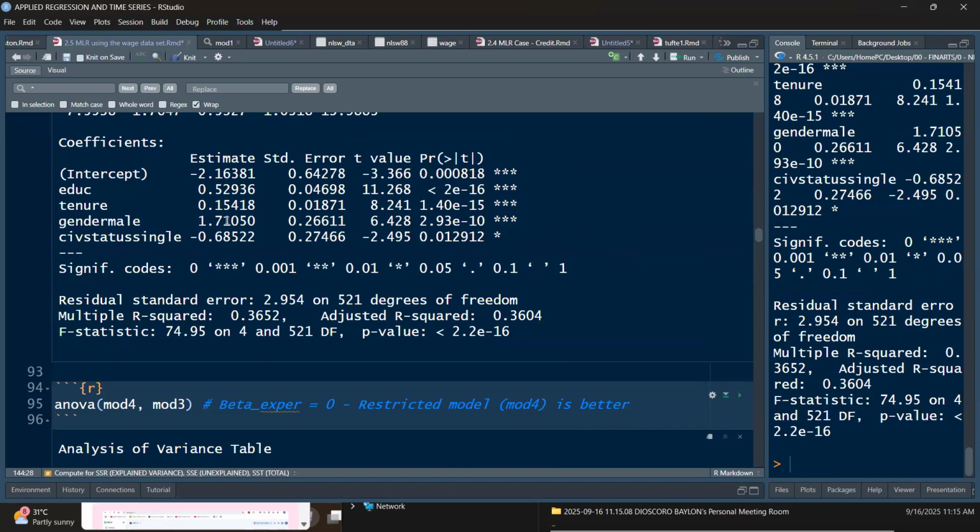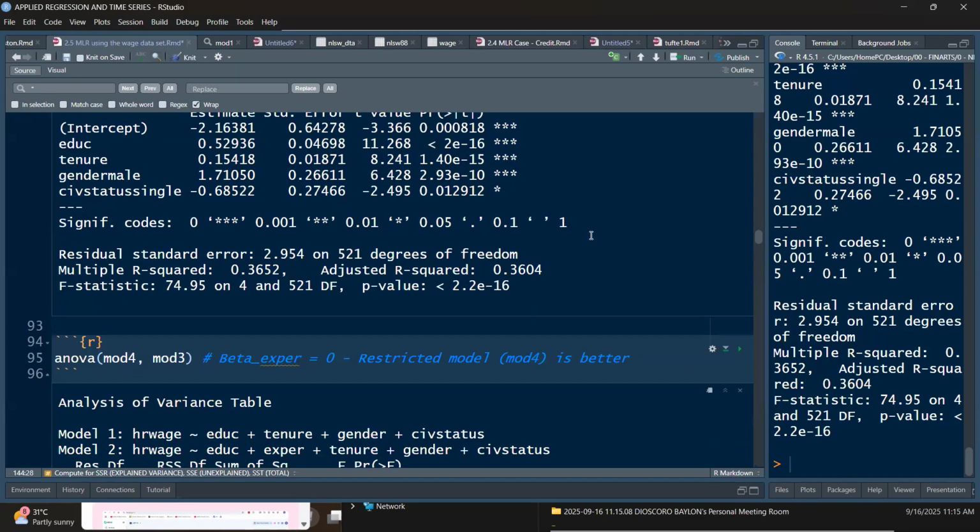So this tells us that male employees receive $1.71 more than their female counterparts, and single people receive $0.68 less than their married counterparts, both ceteris paribus.